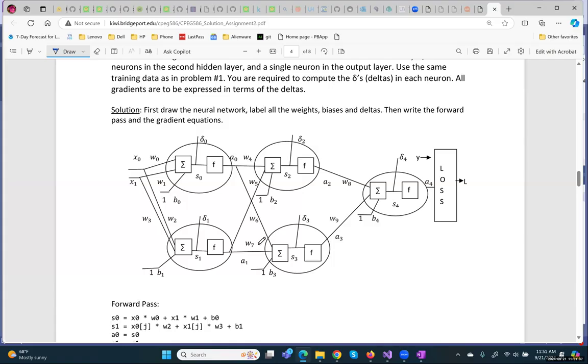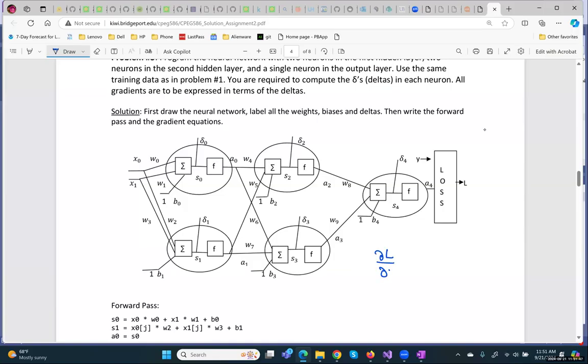No, so let me draw it out. My question was, give me the value of partial L over partial W7. If you take a look at W7, right? It's tied to delta 3 times what? W7? No, not W7. A1. A1. That is correct now.